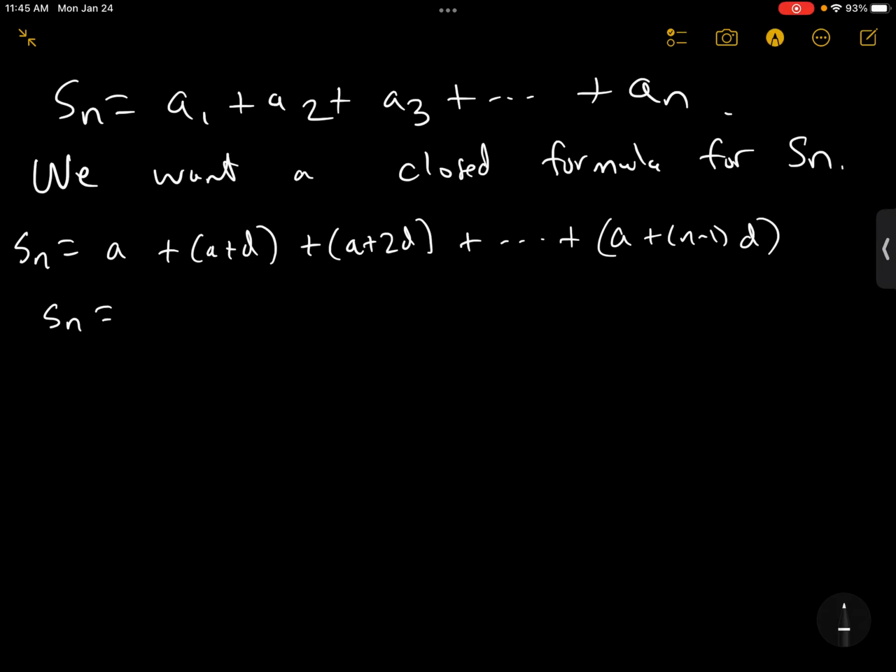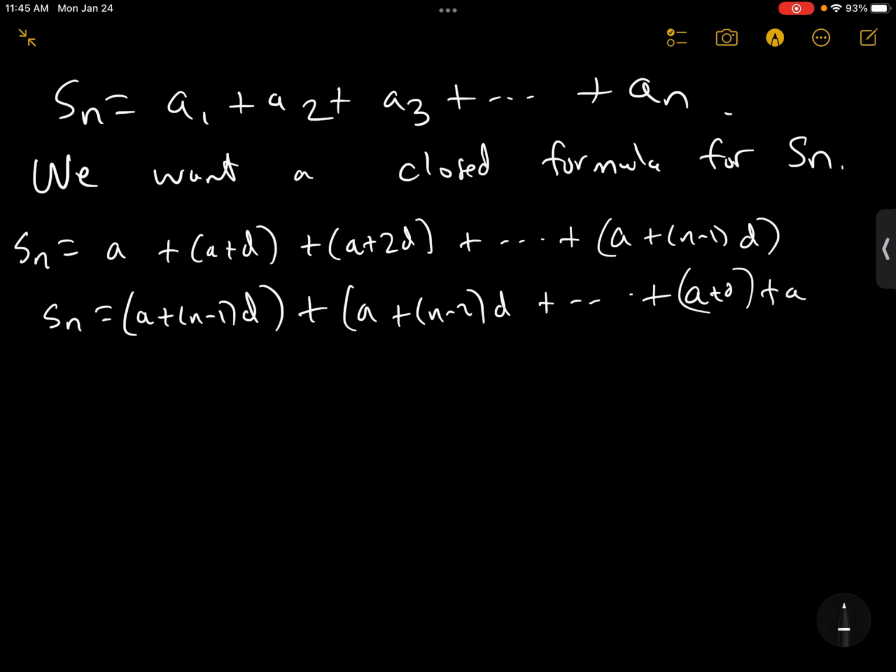So instead of going from A up to A plus n minus 1 times d, I'm going to start with the last term. The second one is all the way down to plus A. Now here's the cool part. There are n terms in each of these sums.